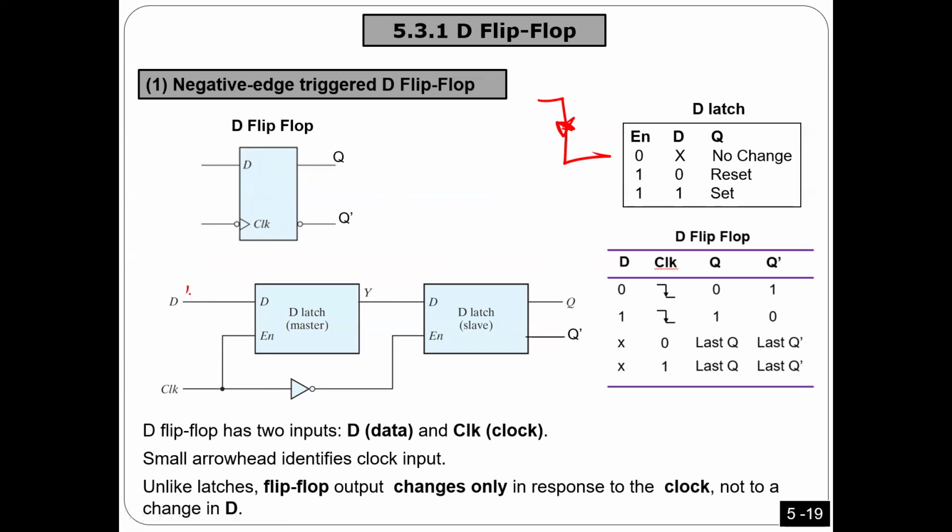Look here, guys. When I put one here, and the clock is high, because the clock is high, this one is enabled and this one is disabled. And this one is going to jump from here to here, but I'm not going to see it here. Very simple. So when the clock is high, the master is enabled, and whatever you have here is going to jump in, but it's not here yet because this one is disabled.